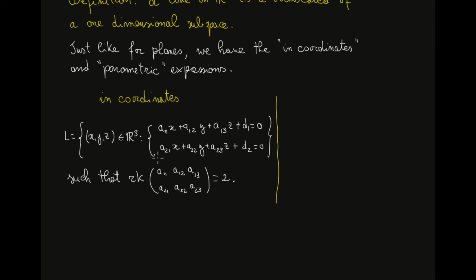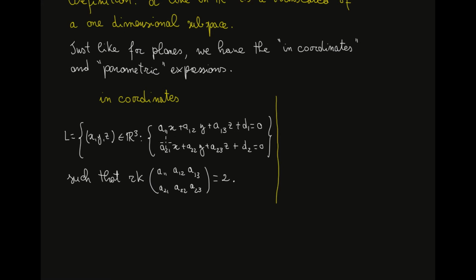If we consider the points that satisfy both these equations simultaneously, then we are looking at the points that are in the intersection of these two planes, one with the defining equation given by the first equation and the other with the defining equation given by the second equation.